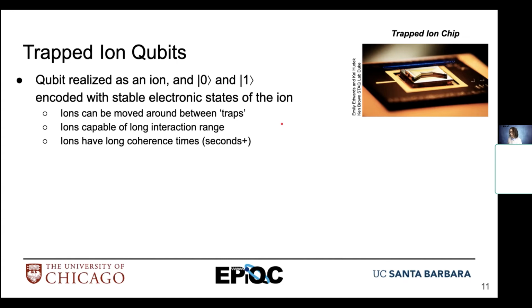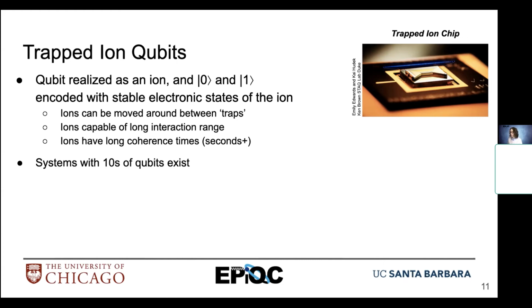For the trapped ion devices, we can have really long coherence times, and you can choose particular ions for your device so that you have longer coherence time. So the ion you choose for your implementation influences how long your coherence time is. But they've been demonstrated to have coherence times that are in the seconds plus time frame.